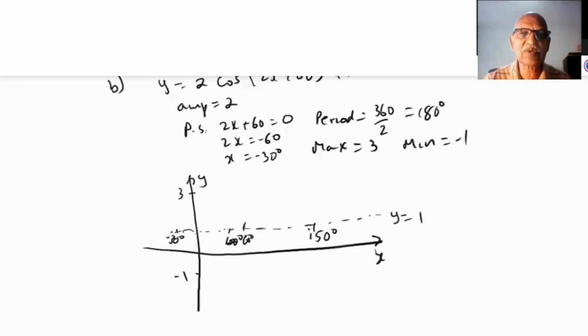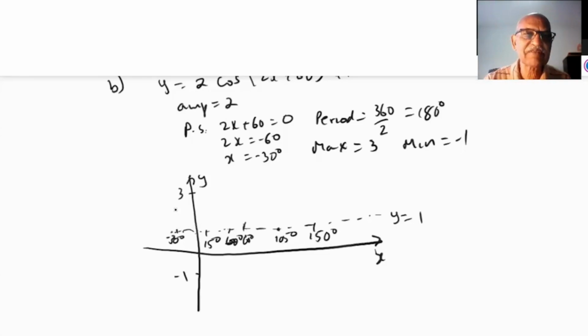Then 60 plus 150 is 210, divided by 2 is 105. Negative 30 plus 60 is 30, divided by 2 is 15. So the points are negative 30, 15, 60, 105, 150.